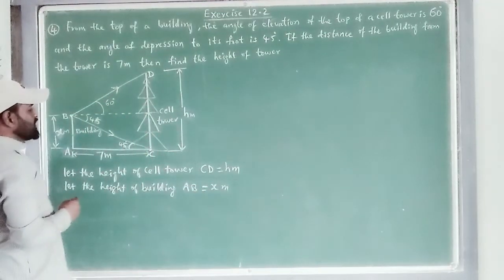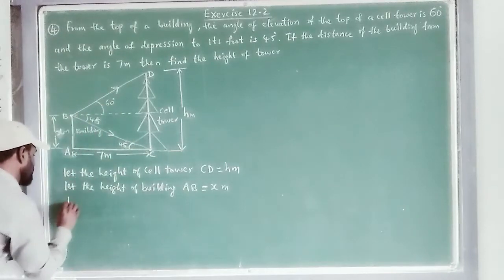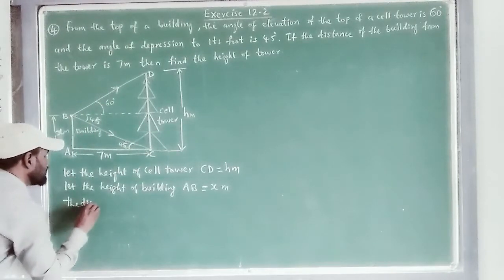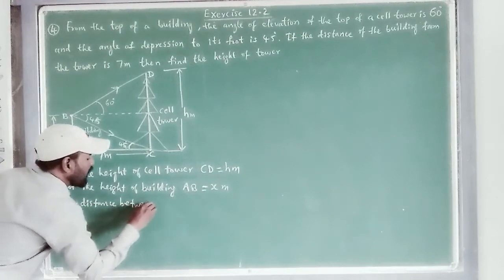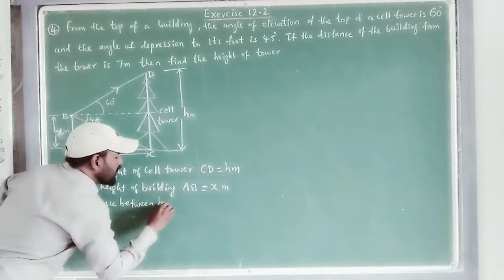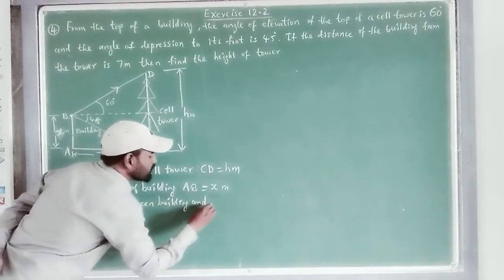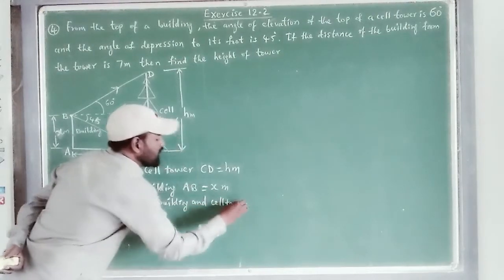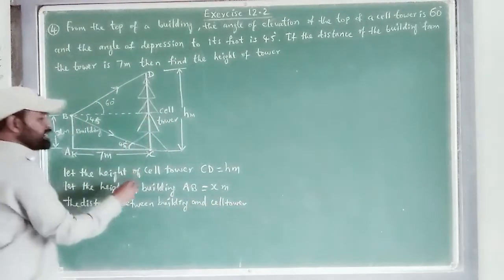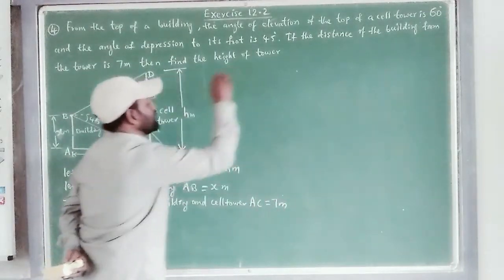Next, one more piece of information we have is the distance between the building and the cell tower. What is that? AC or CA, whatever it is. AC is equal to 7 meters, which is given in the question.